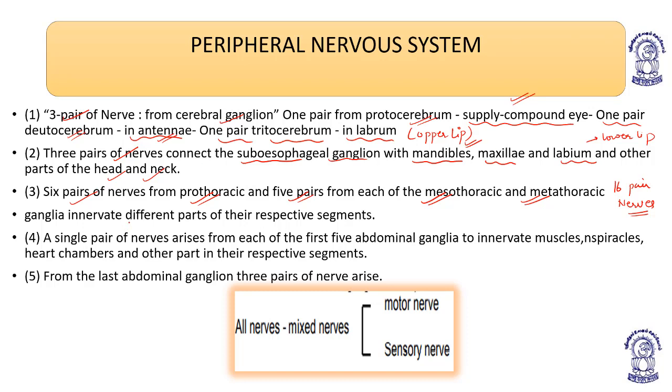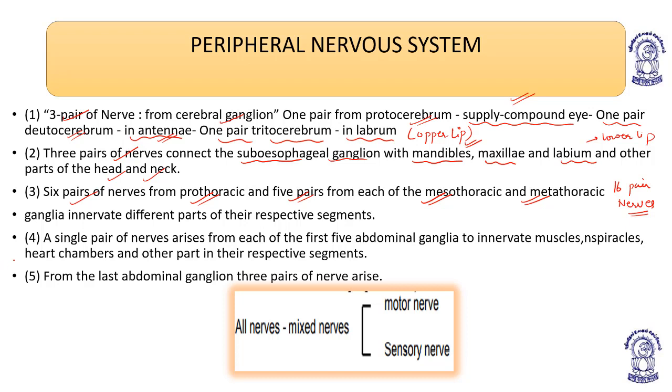In a ratio of 6 to 5 to 5, they innervate and supply different parts of the respective segments of the body.